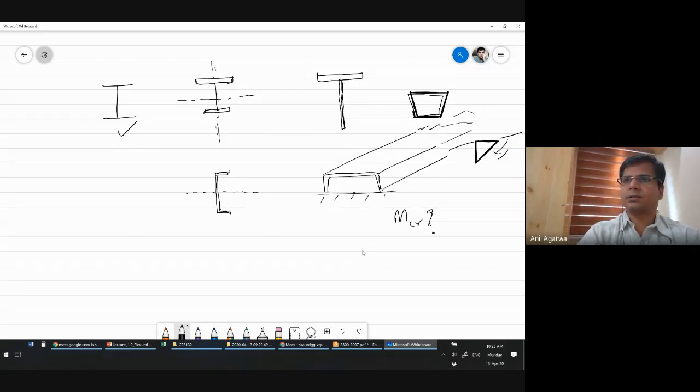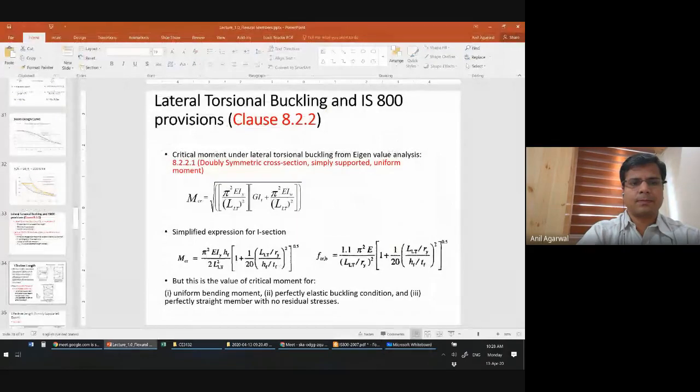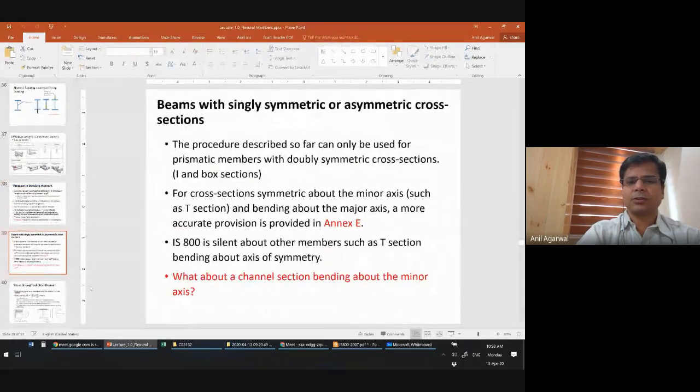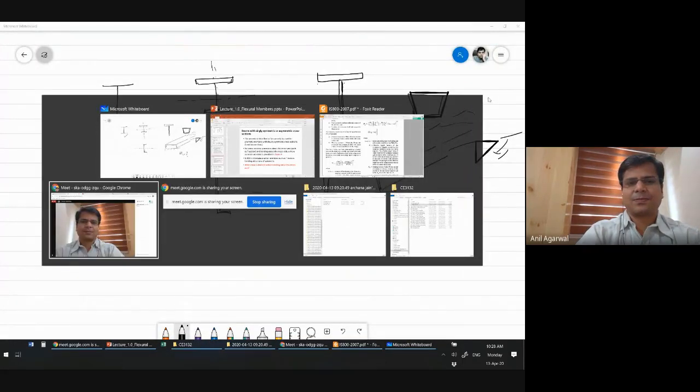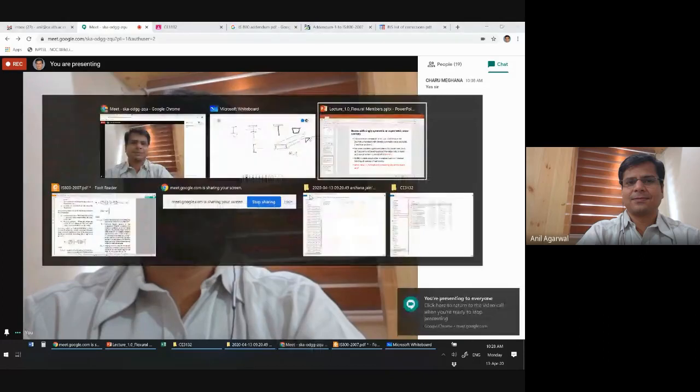This is symmetric about the major axis, but bending in the minor axis. Anybody? This is a trick question. The answer is somewhere else.